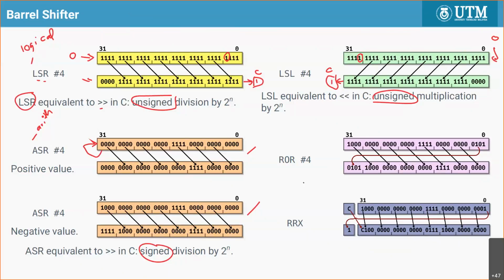So for this example, if it's a positive value, you want to maintain a positive value, because when you do signed division, you want to keep the sign the same. Let's see what the value is here. 1111 in hex. I'll check my calculator.